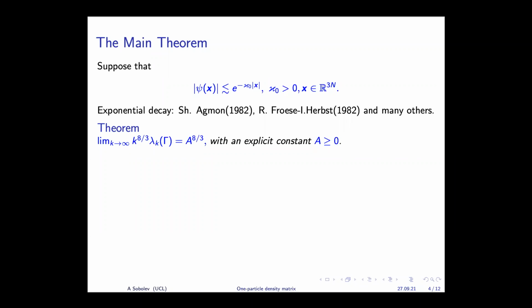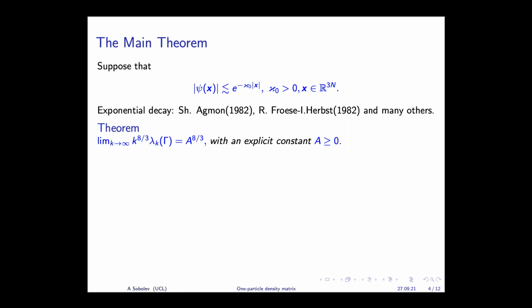Then you also have exponential decay. And I gave here a few names of people who wrote quite a few papers on that subject. So first of all Agmon. This is a very famous work by Agmon on exponential decay. And also Froese and Herbst, they did the embedded eigenvalues on the spectrum.